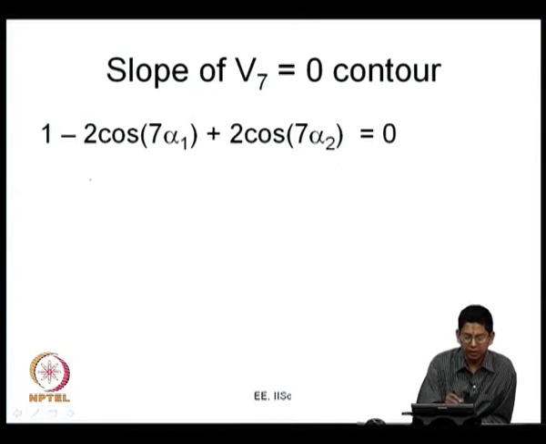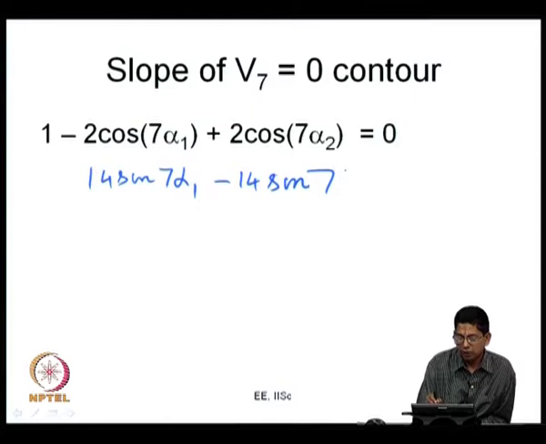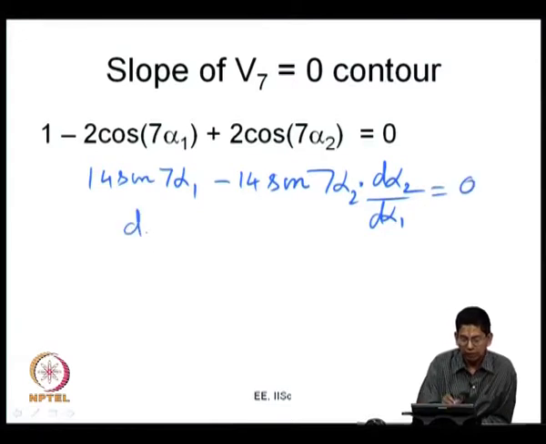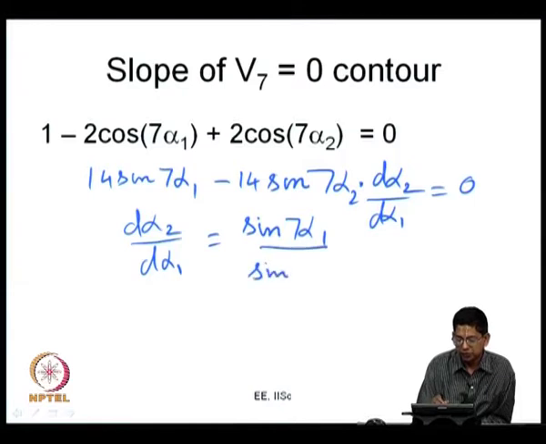So, you are going to get something like, I am sorry, 14 times sine of 7 alpha 1 minus 14 times sine of 7 alpha 2 times d alpha 2 by d alpha 1 is 0. So, once again you will have d alpha 2 by d alpha 1 equal to sine of 7 alpha 1 by sine of 7 alpha 2. This is true for any V 7 equal to 0 contour.